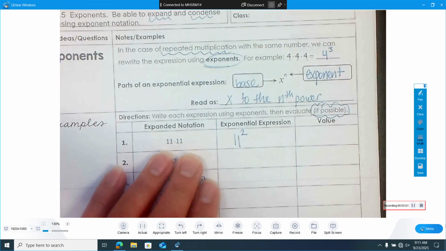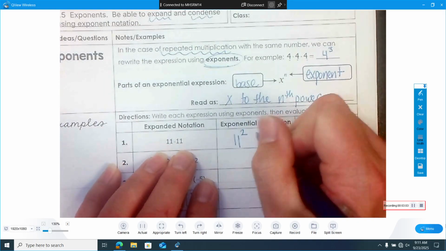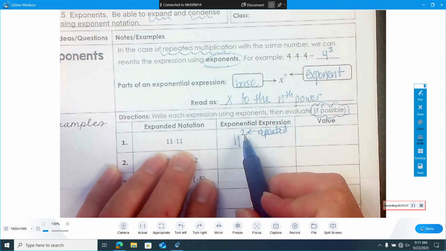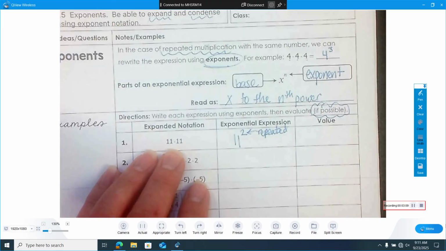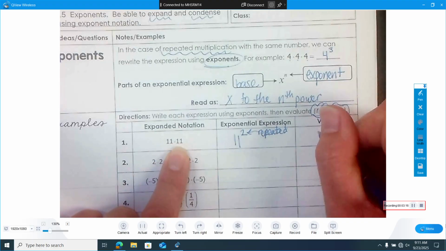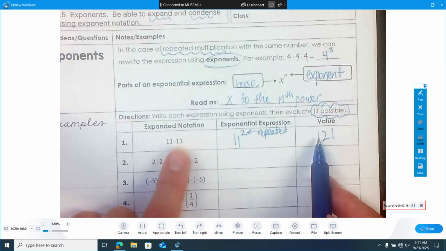So this is 11 repeated 2 times. That's what that power means. Repeat the base 2 times. And what is 11 times 11? 121. So we can figure out the value when we're looking just at numbers.